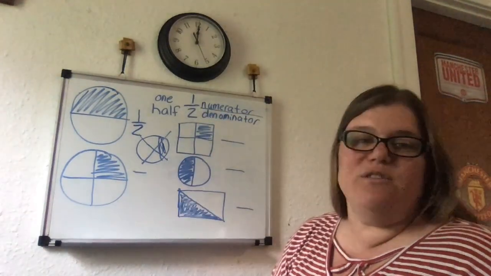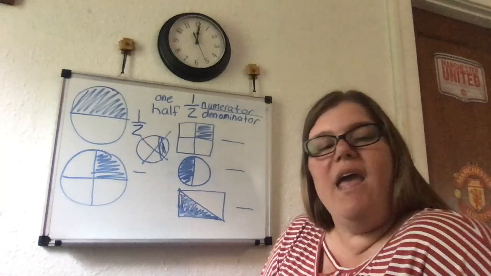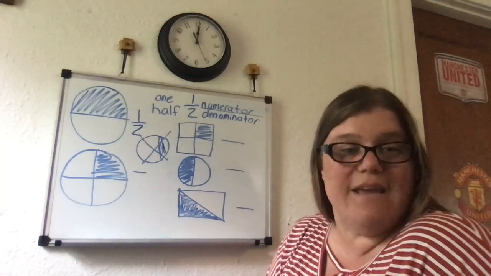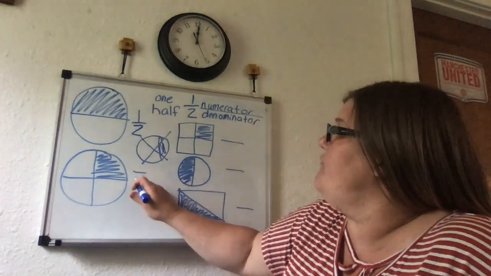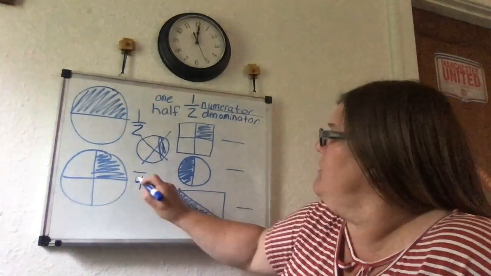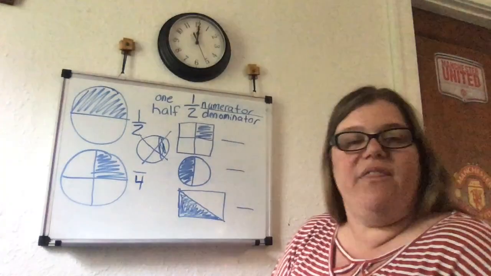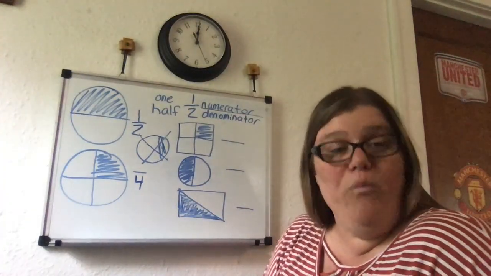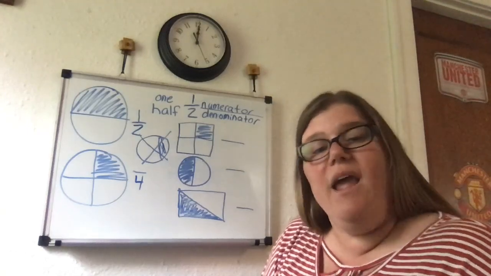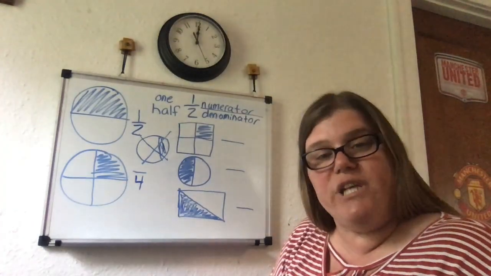Now let's look at this one down here. How many fair share pieces are there? Were they all the same size? Good, there are 4. So down here in the denominator, we're going to write the number 4. It's hard to see that part of the 4. It's not thick enough. Now, the numerator tells us how many are shaded, the top number. How many out of 4 are shaded?